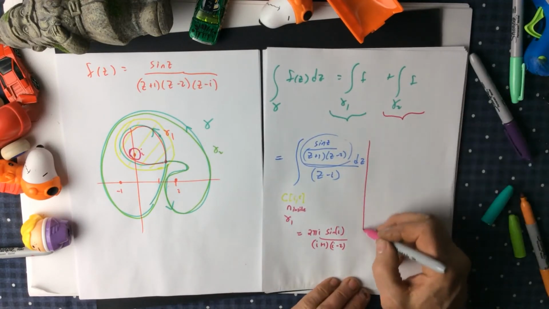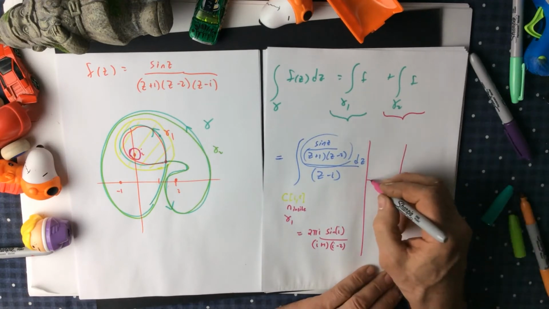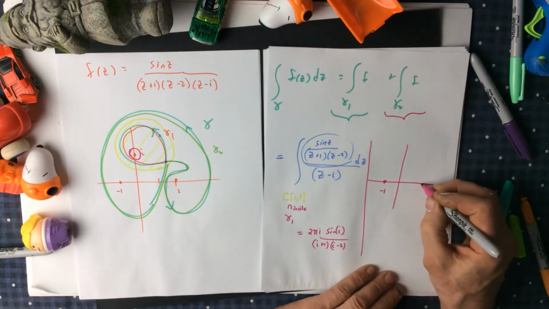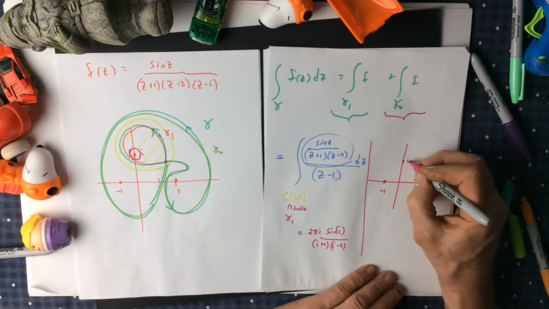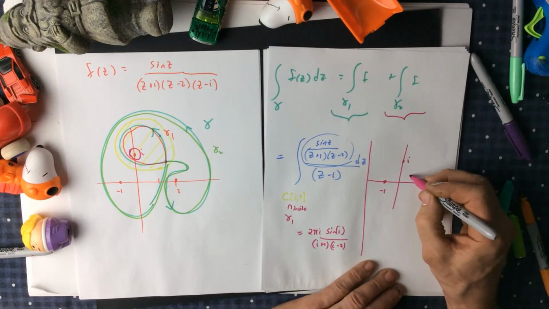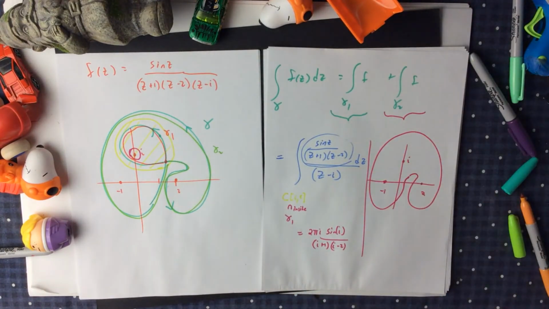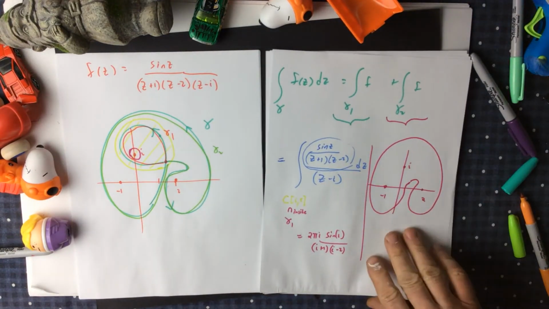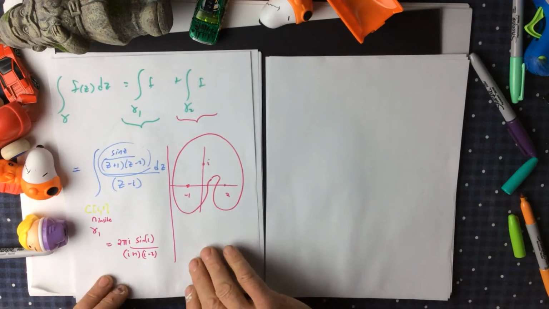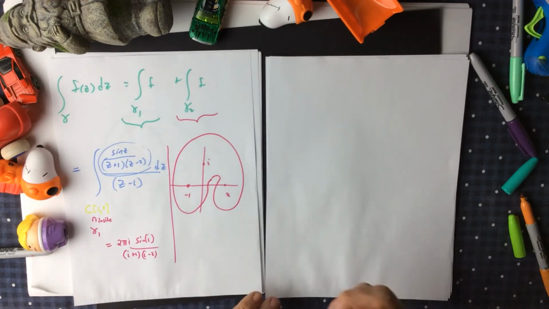Now, we're going to continue on with this piece. Now, this piece looks like this: minus 1, 2, i. And our gamma goes all the way around it. So we're going to pick up with that. Now, I'm going to do a little trick.